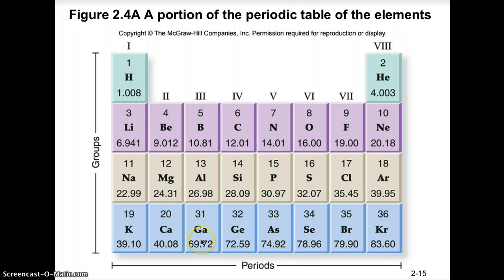Group 3 has all 3 valence electrons, all the way down till you get to group 8, where you have the noble gases. Now I told you the exception in group 8 was helium because it only has 2 electrons. However, it is an inert gas because helium fulfills its first energy level, which can hold 2 electrons maximum. So by having 2 electrons, it meets the requirements of being an inert gas.